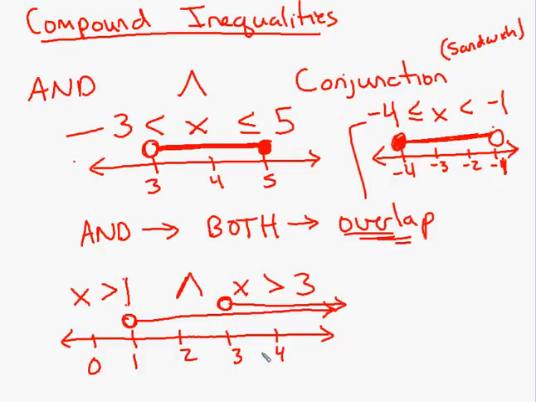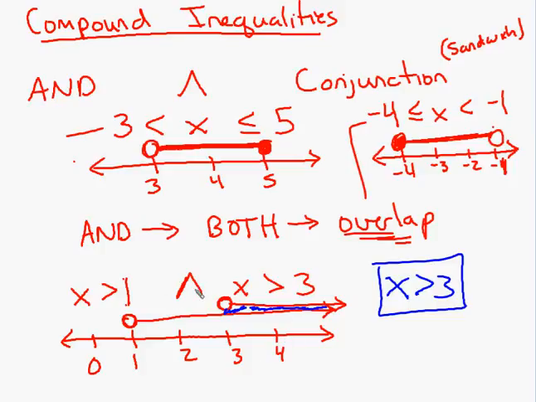Now notice in this case, both of them go to the right. Now where do I have overlap? Well, I have overlap starting right about here. See, I'm coloring it in. So what's my answer? I have overlap starting at what number? 3. So x is greater than 3 is actually the simplest answer.